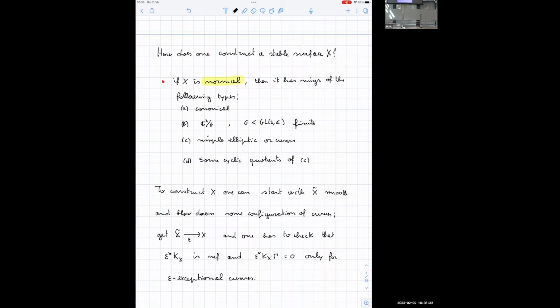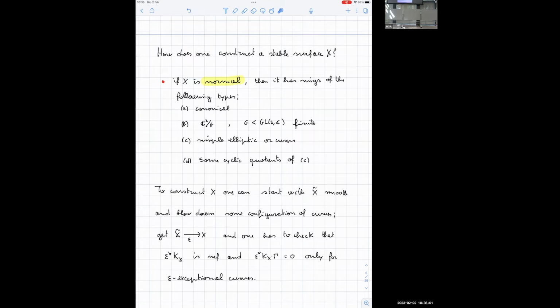So for a stable surface, the list of semi-log canonical singularities is sort of restricted. You can have canonical singularities like rational double points. You don't really even consider these as singularities because they are invisible in the moduli space.